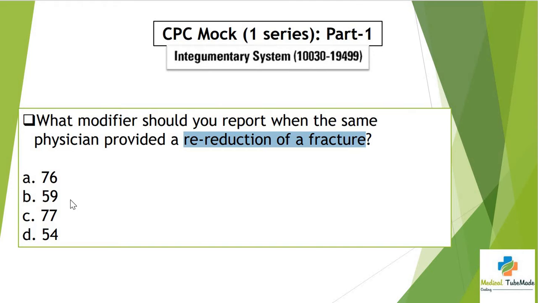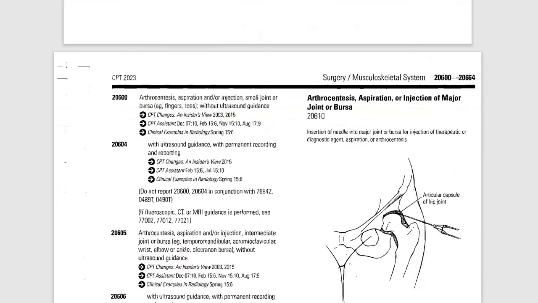If you can recall the description of these modifiers, 76 is for repeat procedure or services by the same physician, 59 is for distinct procedural services, 77 is repeat by a different physician, and 54 is for surgical care. If you feel it is very new for you, then always go and check the CPT book.